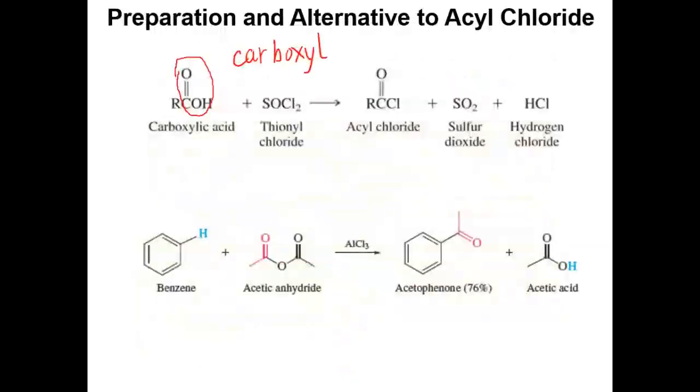That's why you could also use this kind of compound, which we call an anhydride. What's an anhydride? Basically, two carbonyl groups share the same oxygen. You can consider this whole part as coming off as the acylium cation.